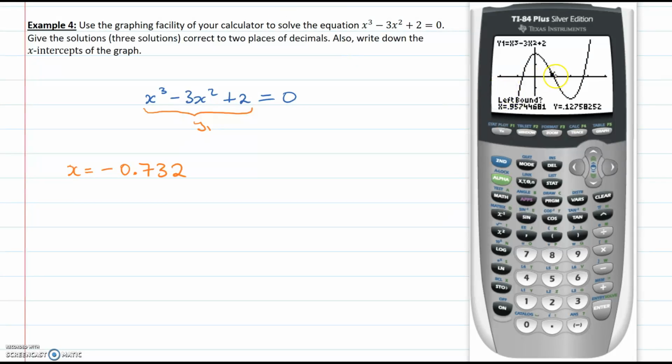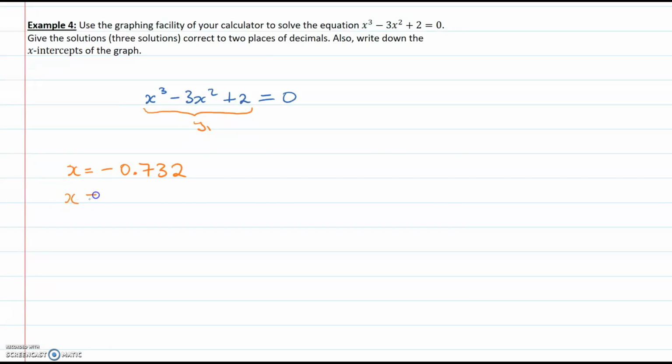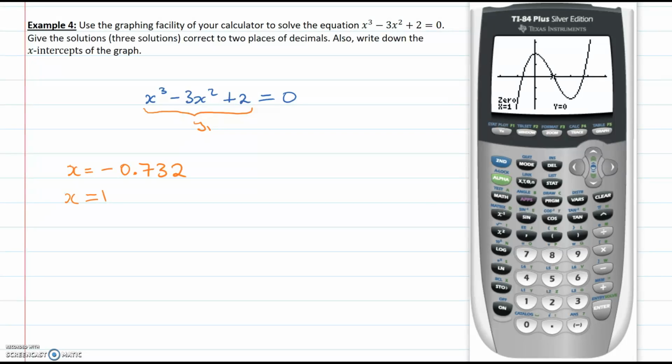Hit enter. Now move to the right of the same point and hit enter. Hit enter one more time. This time you get x equals 1. That's our second answer.